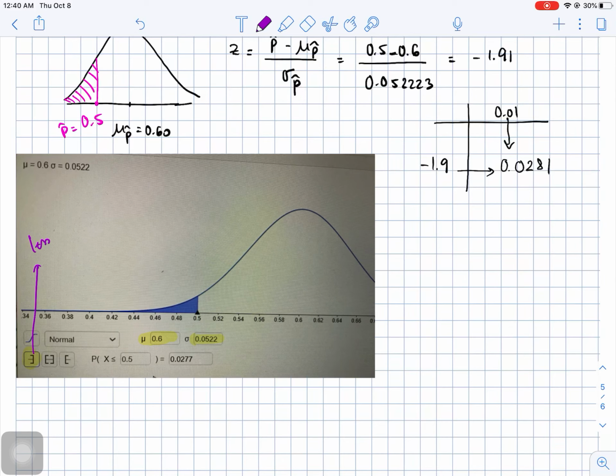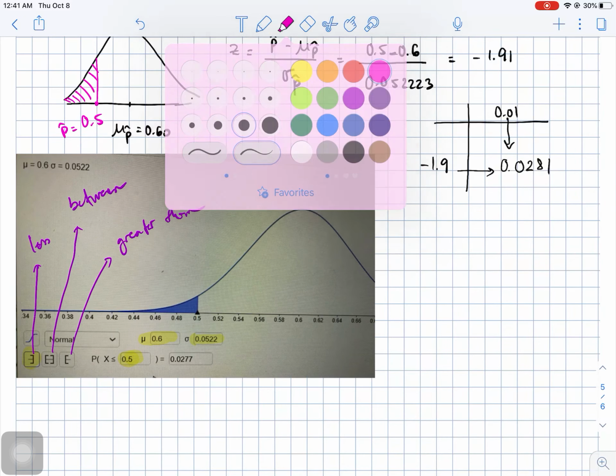Because the problem says less, we make sure that we click on the one on the left side, the left button. Once again, the one on the left button is for less than. The one on the right is for greater than. And the one in the middle is for between. In this problem, they say less. So that's why we have to click on the left button.